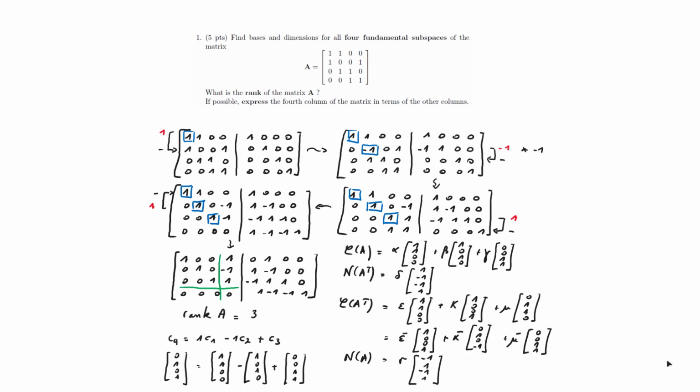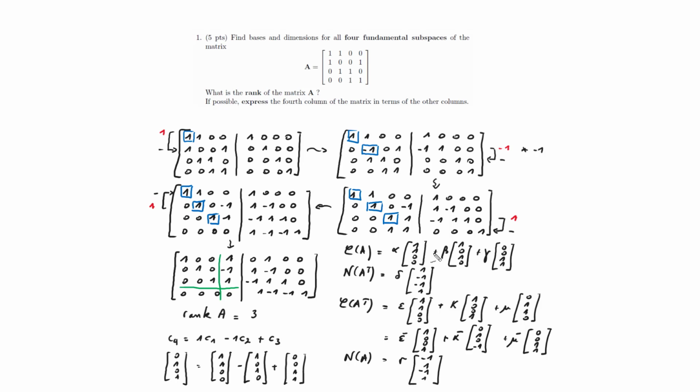So let us continue with the column space. We know that the rank of the matrix is 3, so the dimension of the column space is 3 as well. So we see here that the 3 first columns are independent, but since we're looking at the column space of A, we have to go back to the original matrix, and we take the first 3 columns and we take linear combinations of these columns, and this generates the column space.